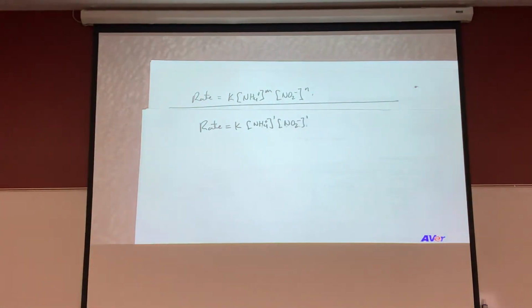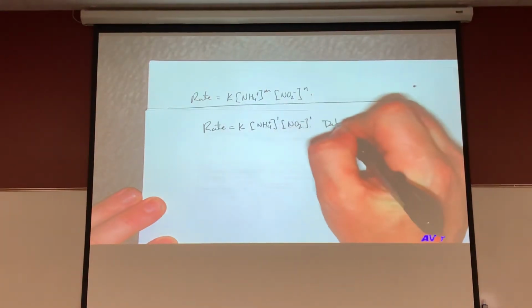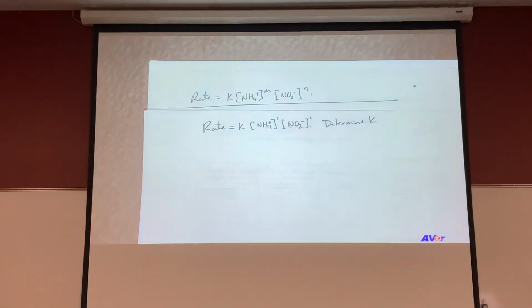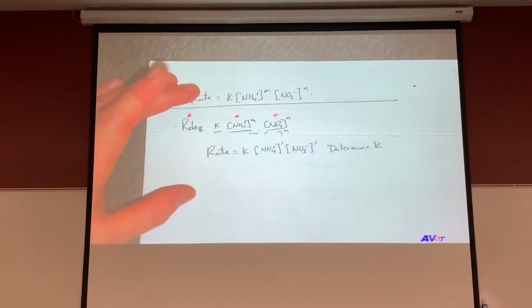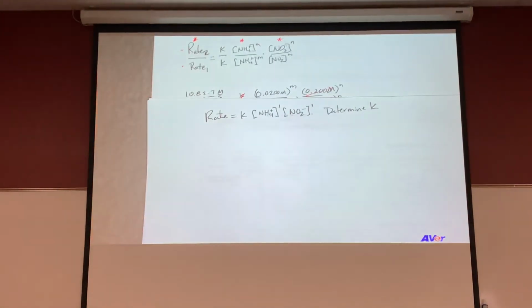Okay. The next step that I'd ask you is to determine K. So figure out the rate constant. Let's just show that data right there. Could you use that data to figure out K?